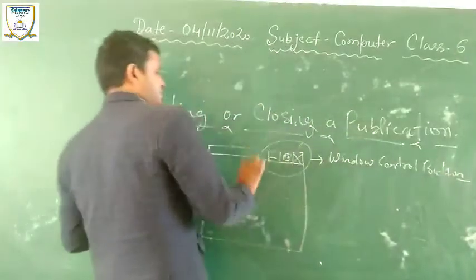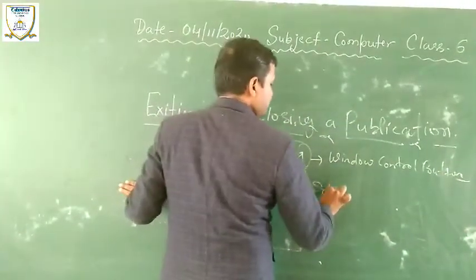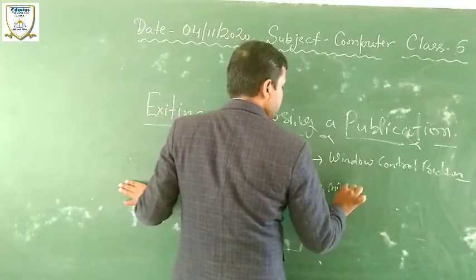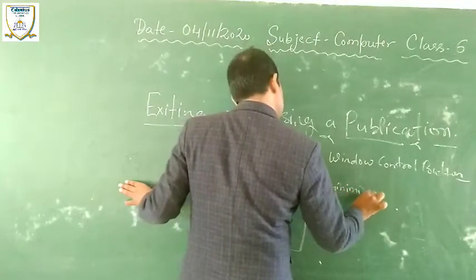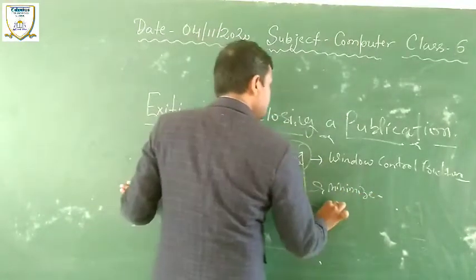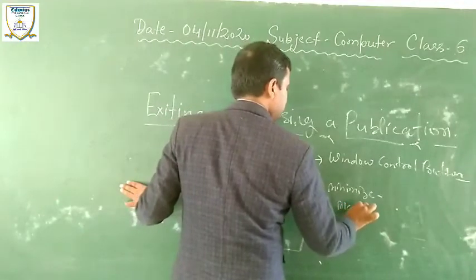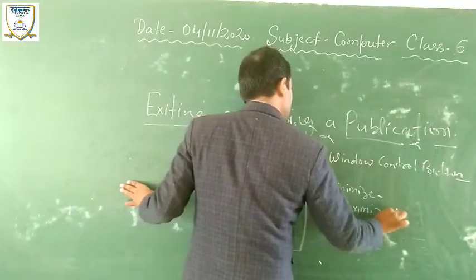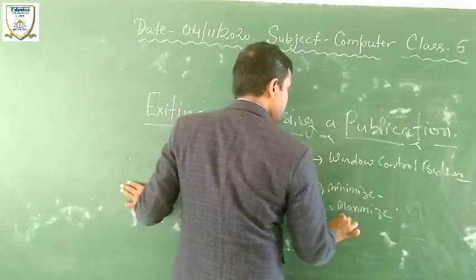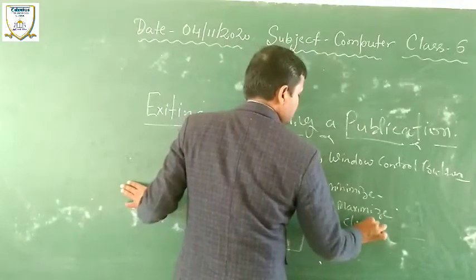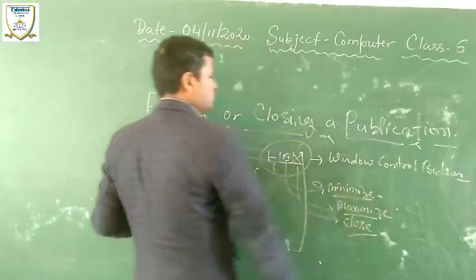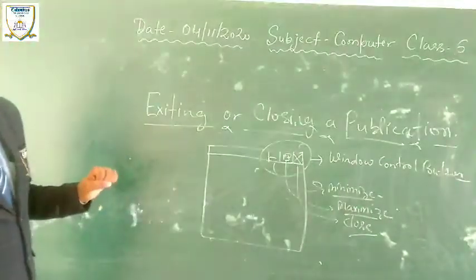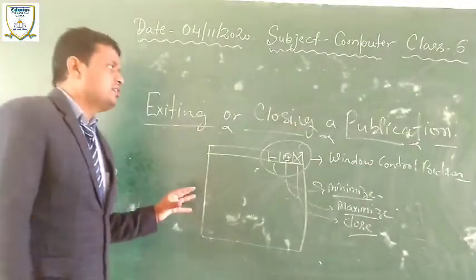On these buttons, this represents minimize, this represents maximize, and this represents close. These are some of the options given.